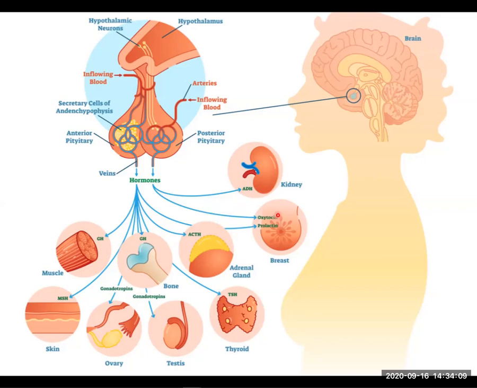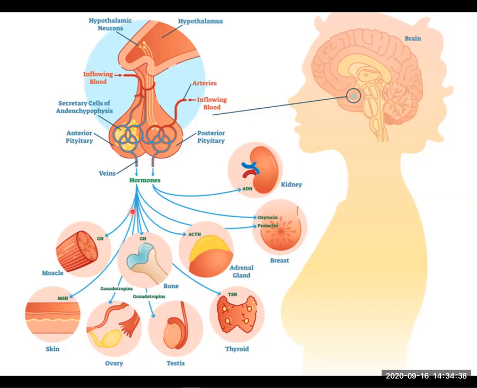Oxytocin acts on the breast. It also acts on the uterus when it's time to conduct the labor, to cause the uterus contraction. It doesn't show here, but that is the oxytocin. So just get a visual picture that the anterior has many hormones.